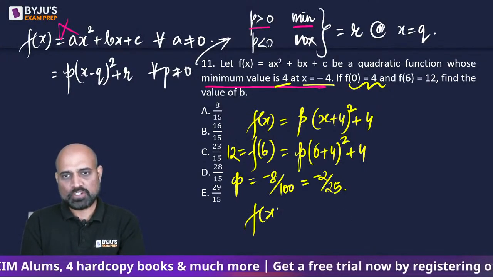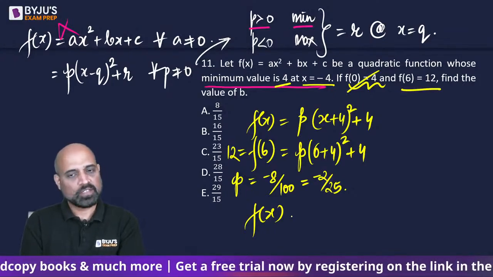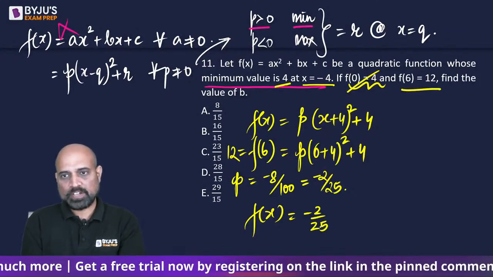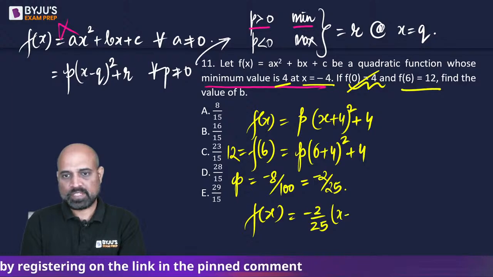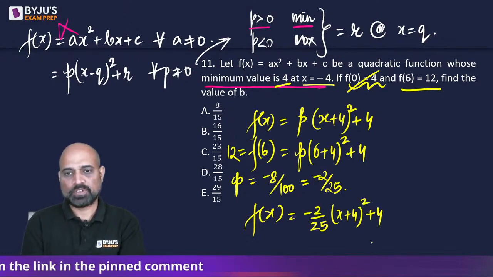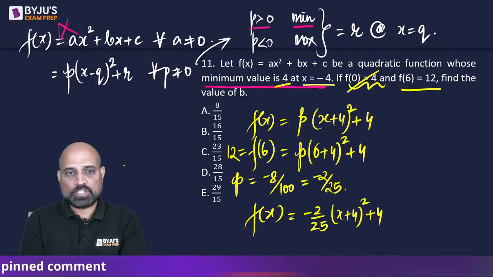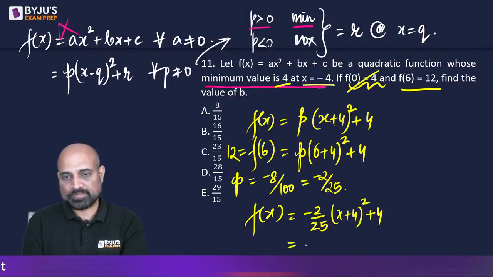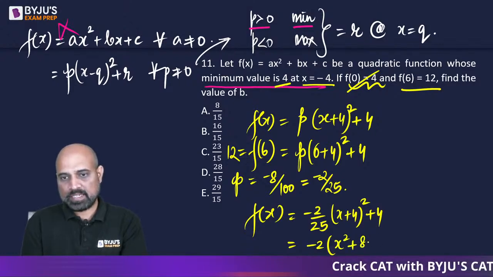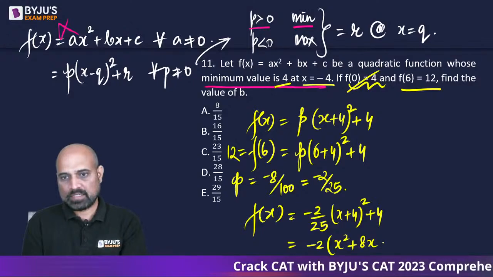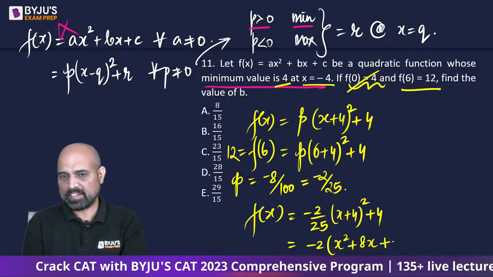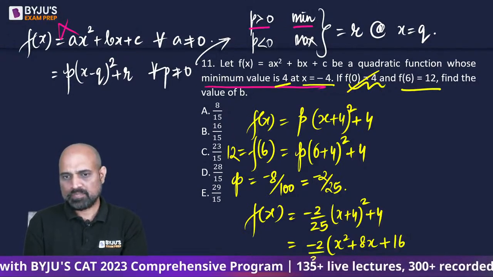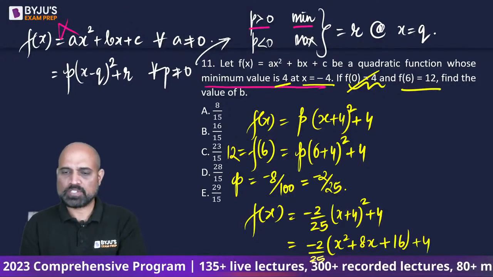So the function is going to be, so I have chosen this and not this one. This is given as minus 2 upon 25 times x plus 4 का whole square plus 4, which when expanded will become minus 2x square plus, sorry, plus 8x plus 16 by 25 and then plus 4.